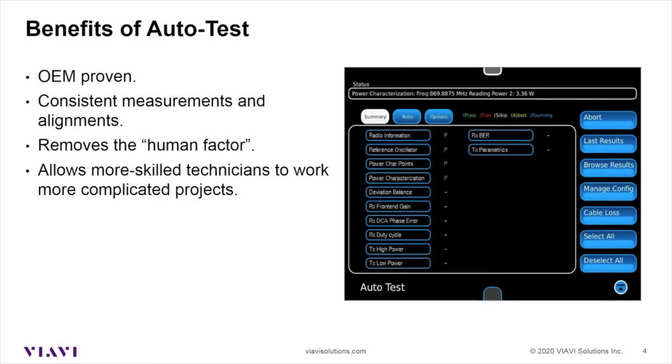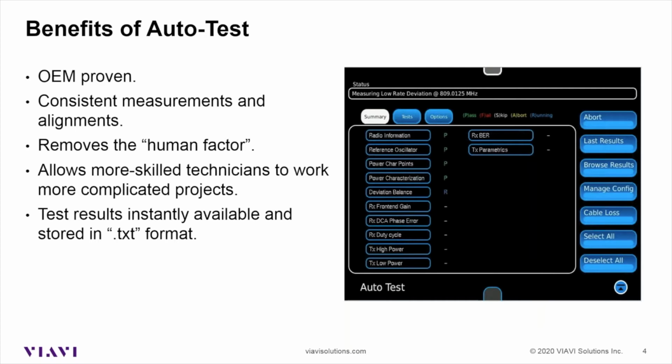You can have them go through and do these alignments and gain some knowledge about the radios and help understand how the radios are working, what failures exist, things of that nature. And while they're doing that, your more experienced technicians can be out in the field troubleshooting or hunting for interference and doing things that require a slightly higher skill level. So it really allows you to allocate your resources more effectively, more efficiently, and make better use of the technicians that you have.